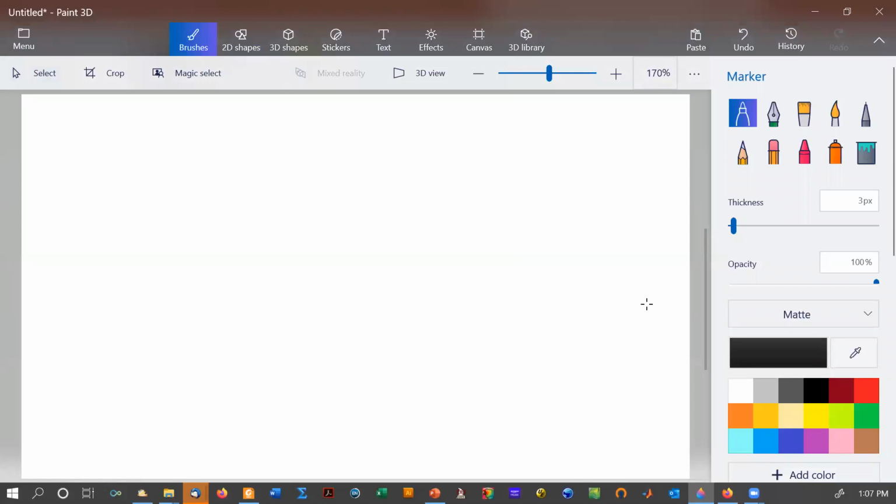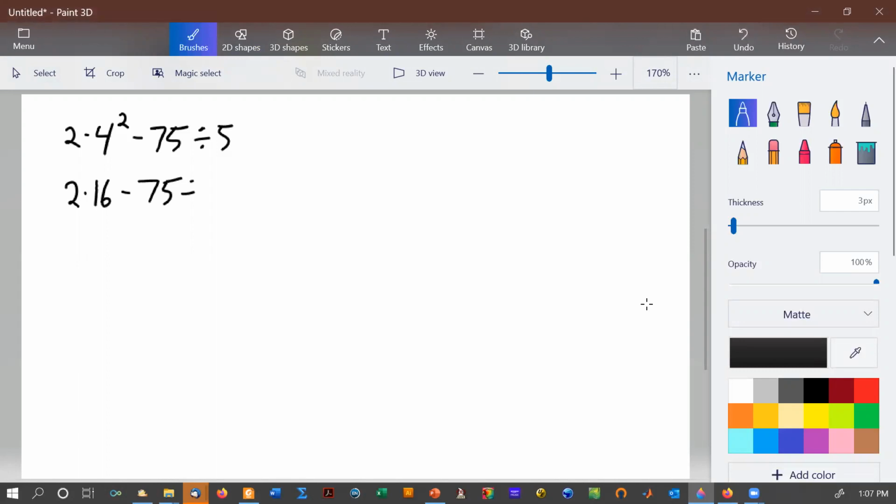So let's do something where it's 2 times 4 squared minus 75 divided by 5. What are we going to do first? Well, we do exponentiation first, right? So this would be 2 times 4 squared is 16, and this is minus 75 divided by 5.